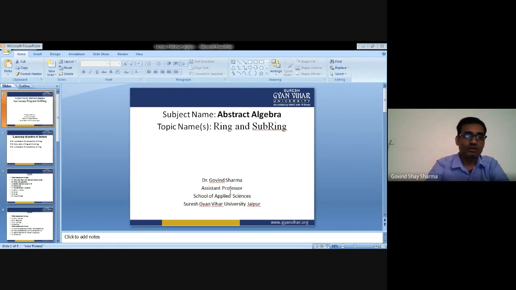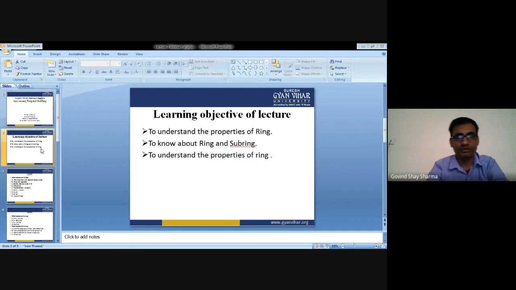The objective of this lecture is to understand the ring, know about ring and subring, and understand the properties of a ring. After the lecture, the student will be able to discuss the ring and which algebraic structure we can say is a ring for R plus and dot.